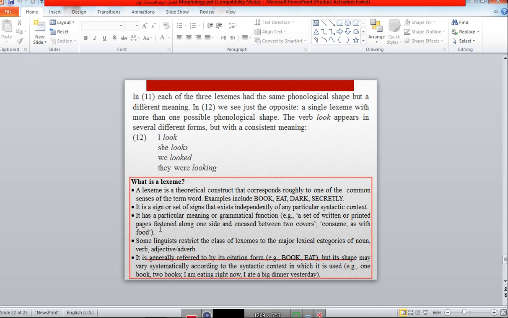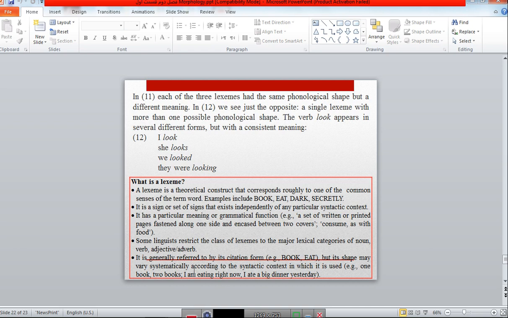For example, a set of written or printed pages fastened along one side and between two covers, okay, like this one. The fourth one, some linguists restrict the class of lexeme to the major lexical categories like noun, verb, adjective, and adverb.